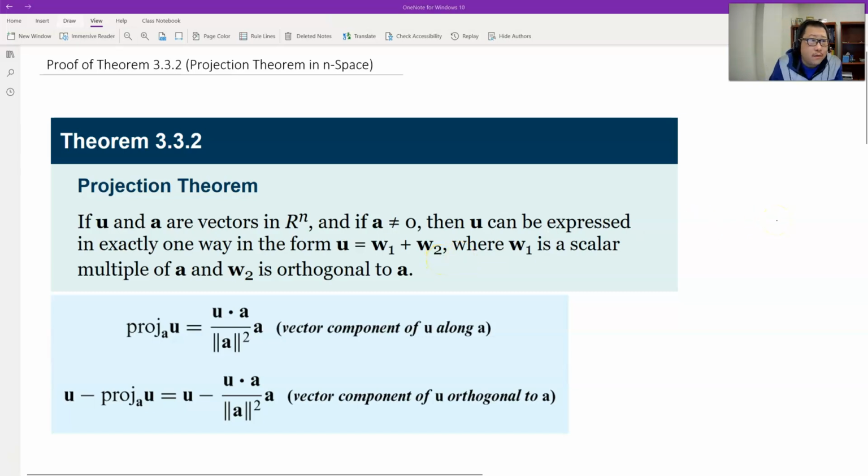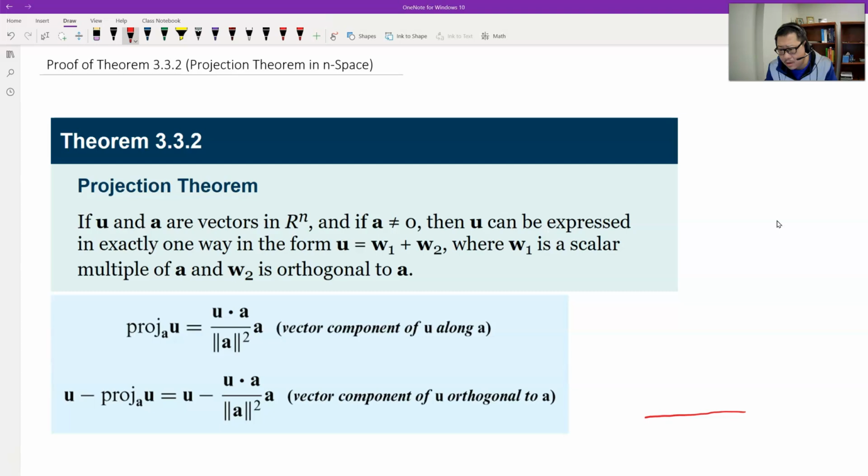Let's draw a small graph so you see what it means. If we have a direction, here is a, and here is a vector u, in space, keep in mind, then we can do an orthogonal decomposition.